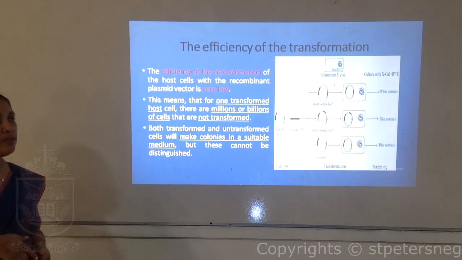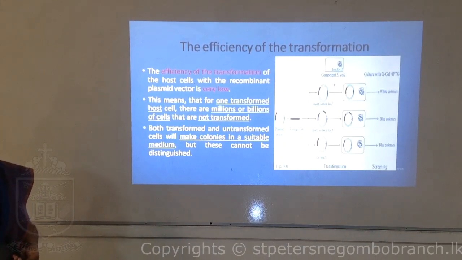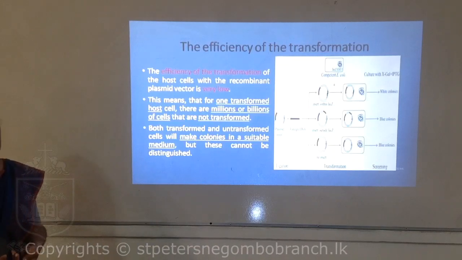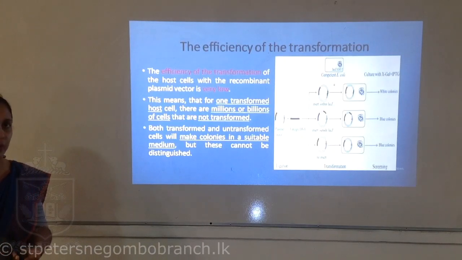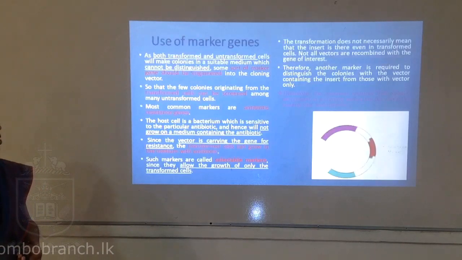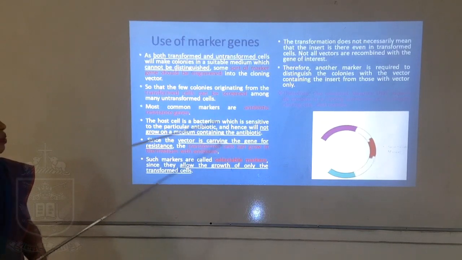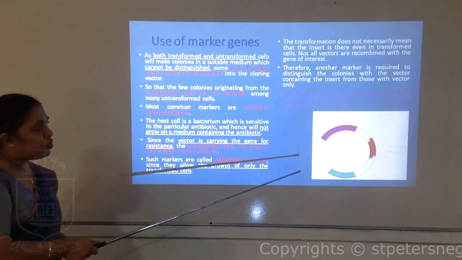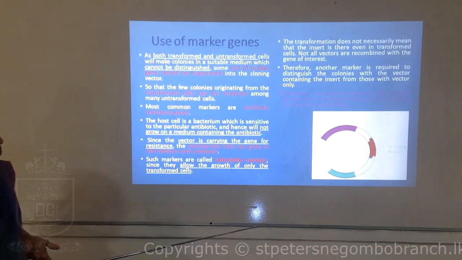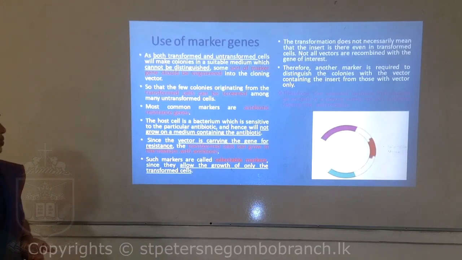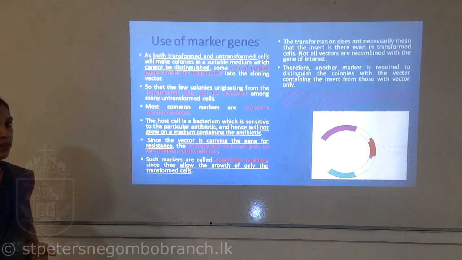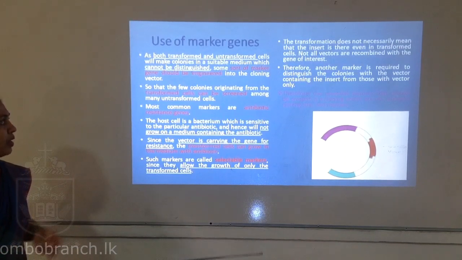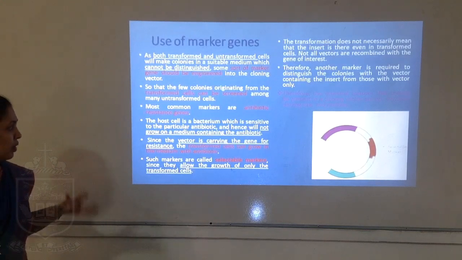So that is called screening. That is also very important. We have to identify the particular recombinant molecule properly. In that case, because the efficiency is very low, a sort of marker should be used. So we are using antibiotic resistant genes. Then transformed cells can be screened.